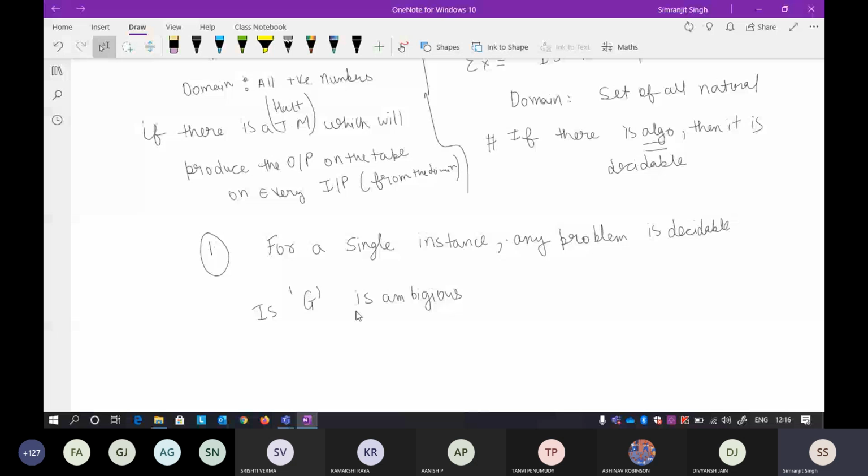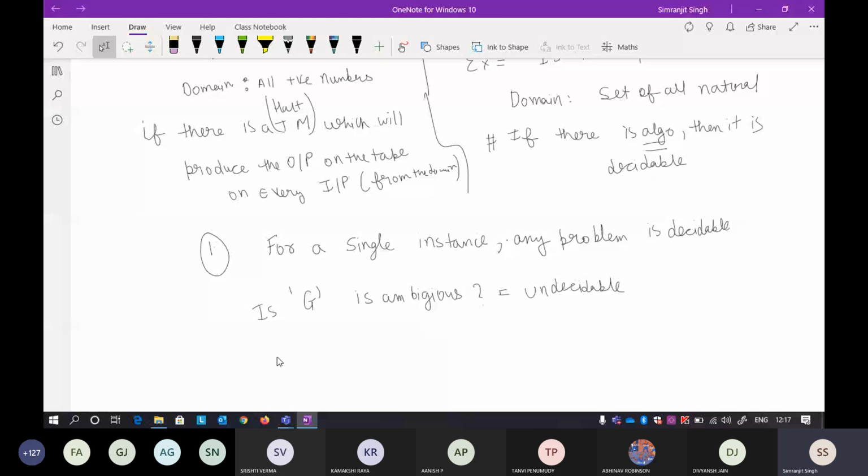I also told you that for finding whether a particular grammar is ambiguous or not, there is no such procedure; you have to go by hit and trial method, as I've already told you in the lecture. So there is no algorithm for it.